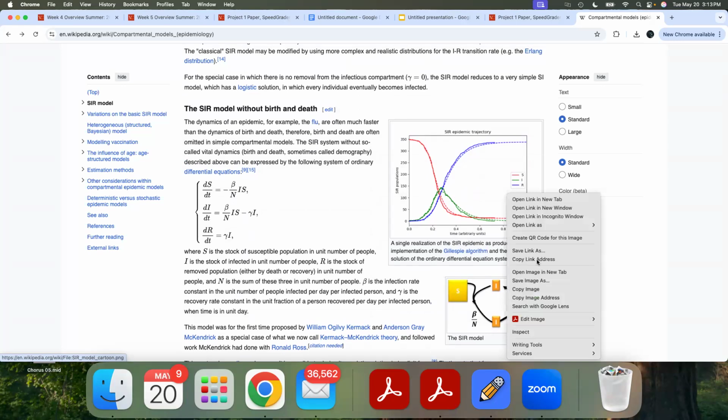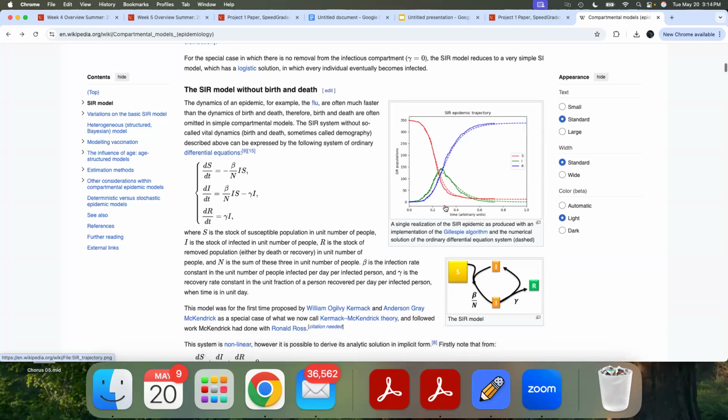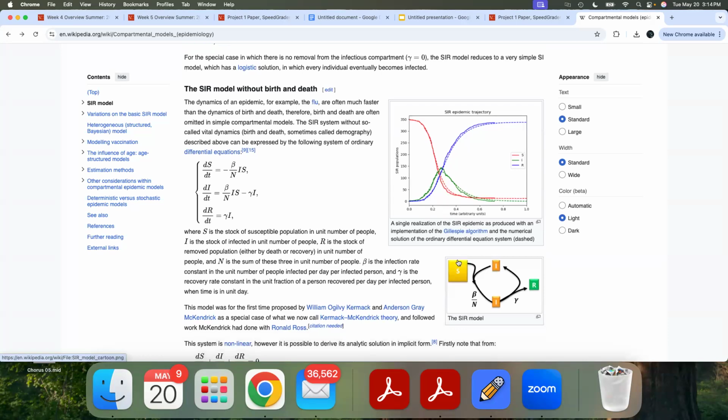I can copy this image, but then right underneath it in the paper, I need to put where I got it from. Explain what all these parameters mean. Show some graphs and explain what we see going on here. Write a couple of sentences about each graph. That would be part one.